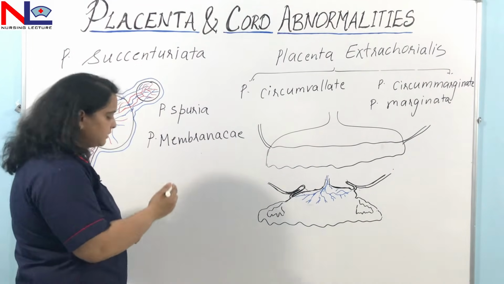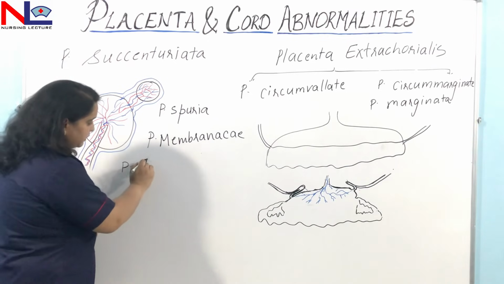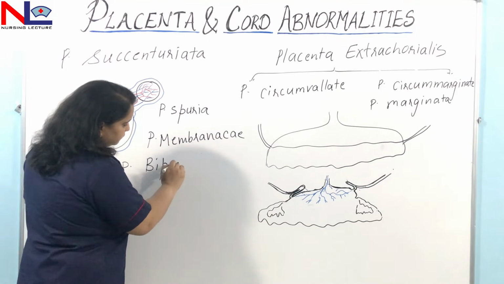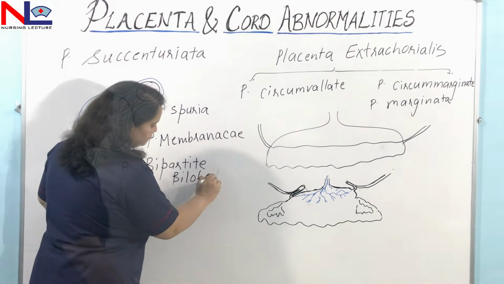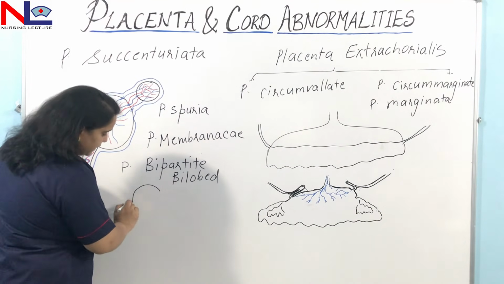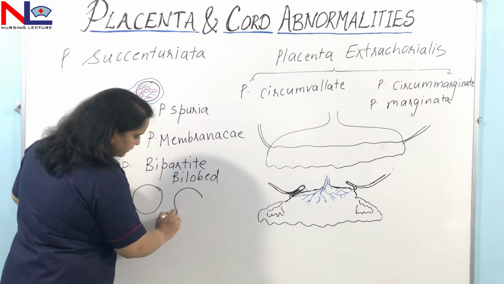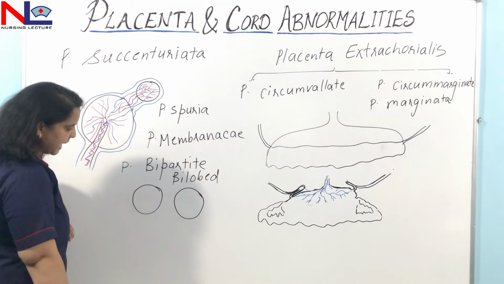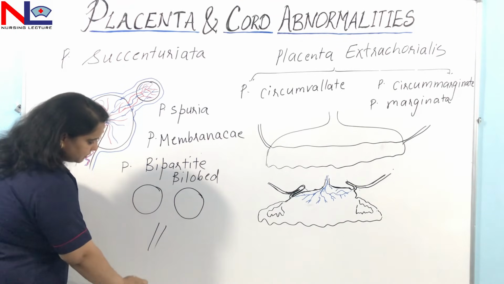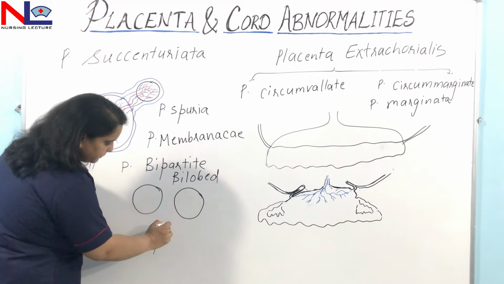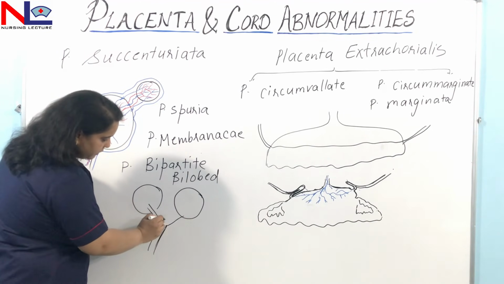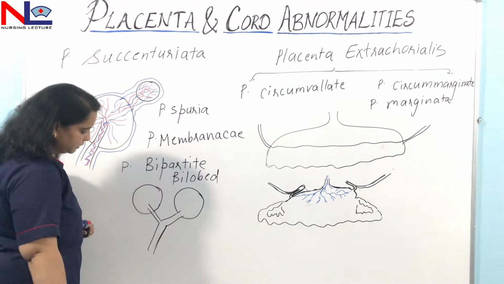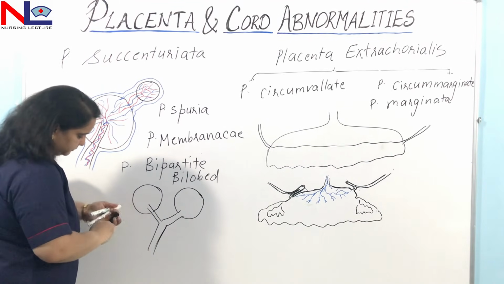One more variety is the placenta bipartita, or you can say the placenta bilobed, in which two equal-sized placentas are formed, and these are connected by a single umbilical cord.